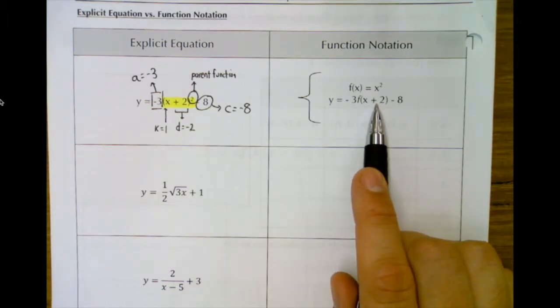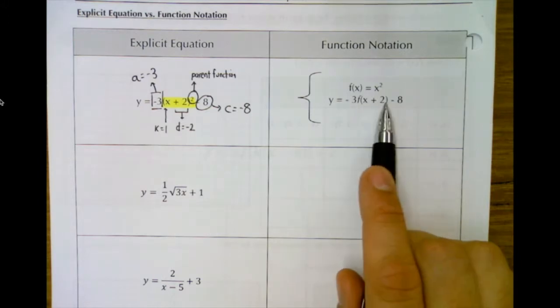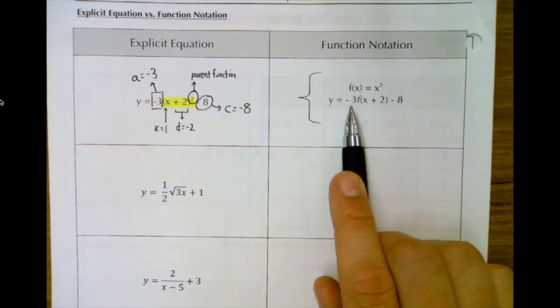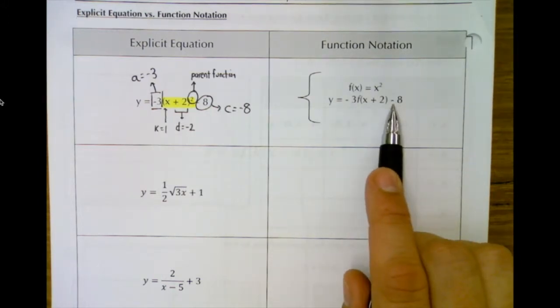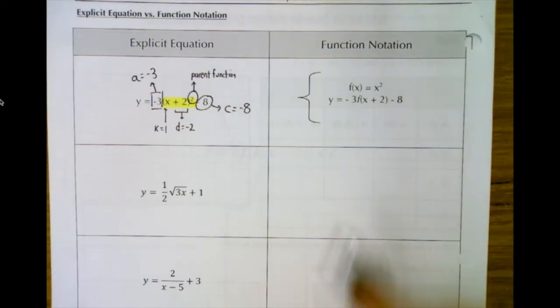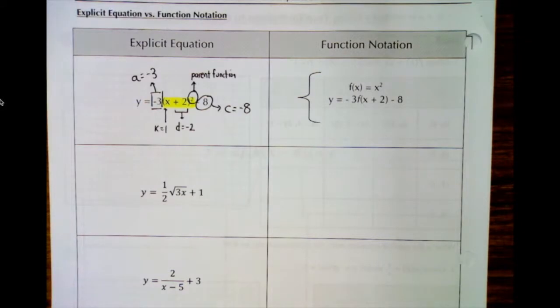And acting on the function f of x, we have our a, -3, and our c, of -8. Okay, so taking each piece off and reconstructing it as a two-part equation is how you transfer from explicit to function. So let's try an example.